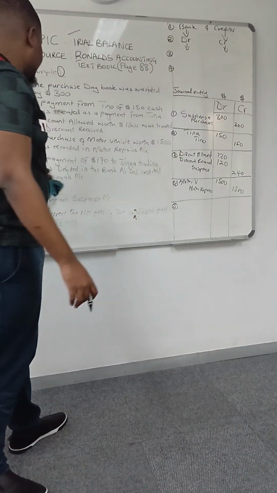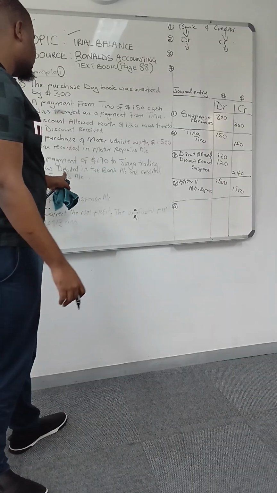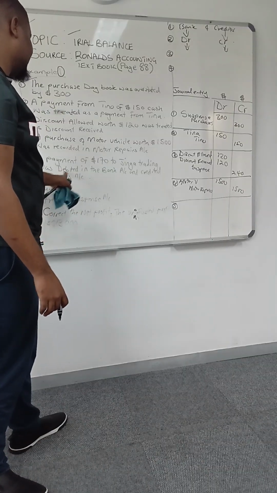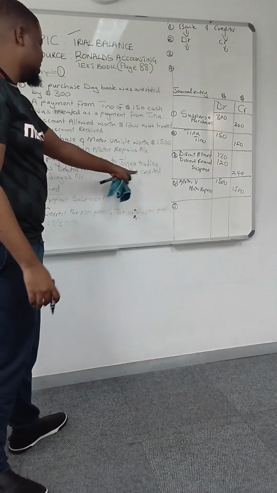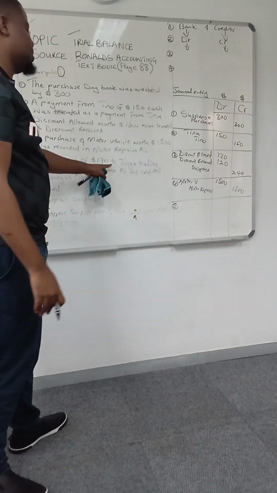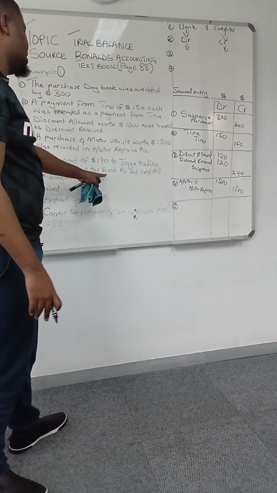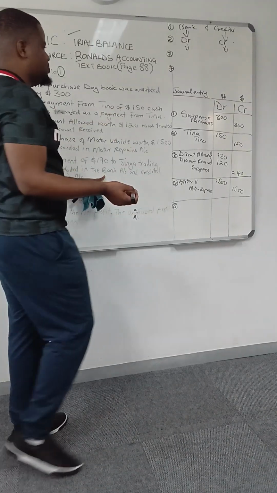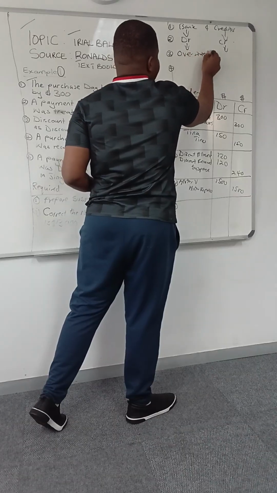Then number 3, undercast or overcast. So we are saying a payment of 170 to Jinga Trading was debited in the bank account and credited in Jinga's account. What is normal when we pay? When we pay, we credit the bank, but we debited it. So it means our bank was overstated.